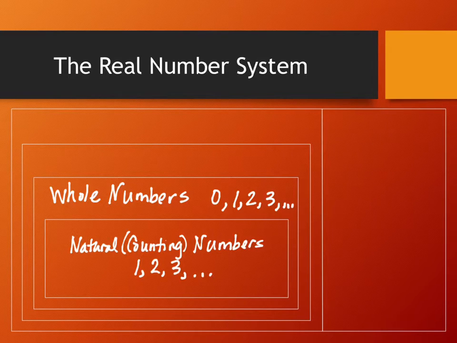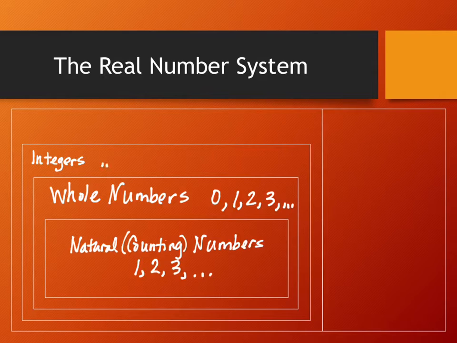Along about 5th or 6th grade, depending on your curriculum, somebody starts talking about negative numbers, right? And that includes all the numbers you had before, because we call them integers. Sometimes we will refer to them as the positive and negative whole numbers.